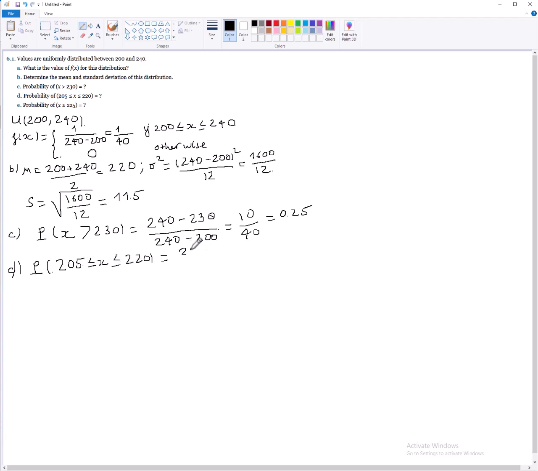So 220 minus 205, then divide by the high limit minus the low limit for the uniform distribution. So that's 240 minus 200. That gives you 15 divided by 40. So that's about 0.375.